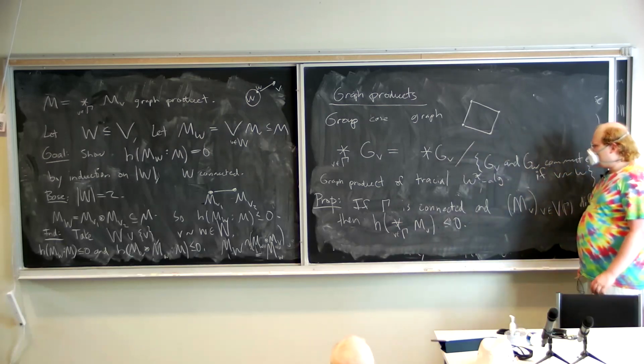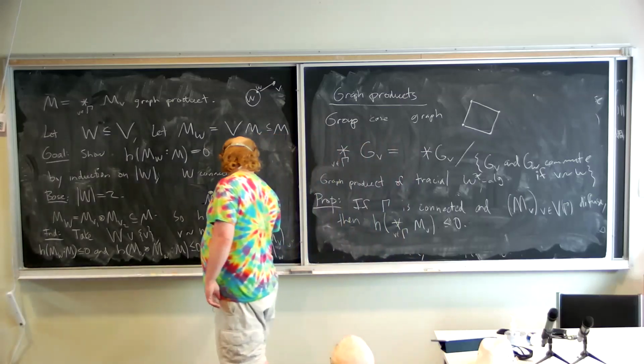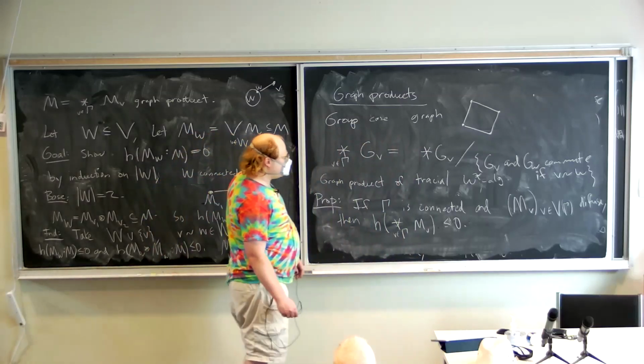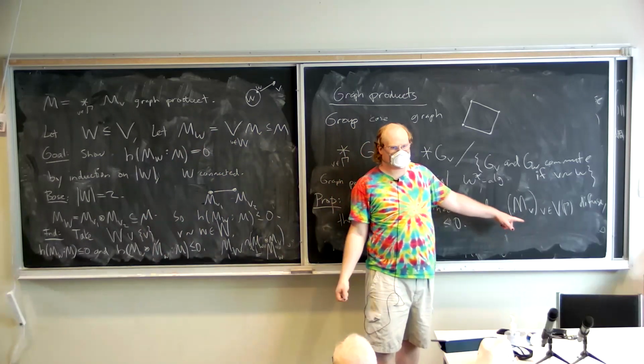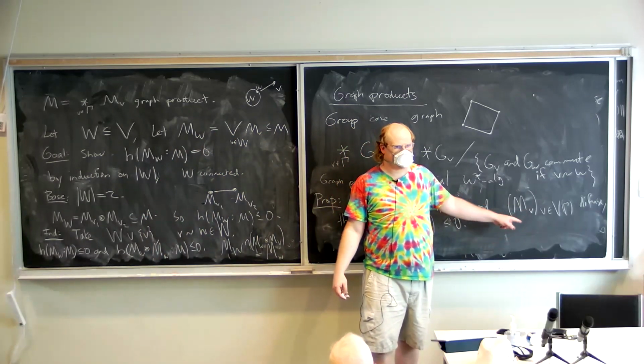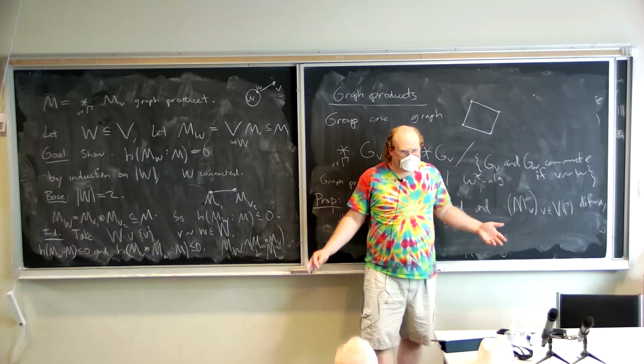What happens though if you take your graph products, if I don't assume these are diffuse, for instance, what if I took finite dimensional algebras on the individual vertices? Then other things can happen.